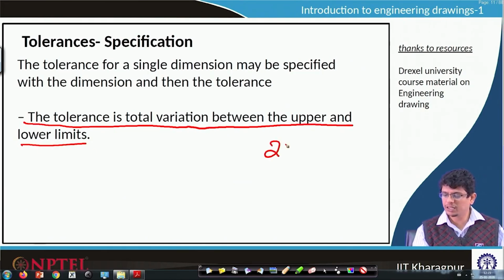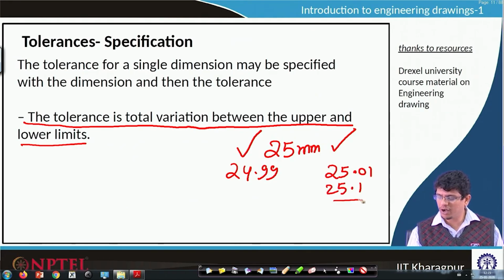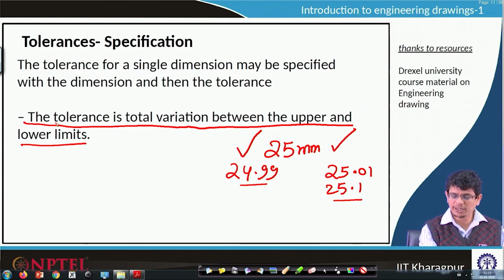If I am saying something like 25 mm, on the upper side up to which level can I really go, and on the lower side up to which level can I really go with that dimension? Is it 24.9 or 24.99 or 25.01 or 25.1? Such upper and lower limits deal with this total variation.